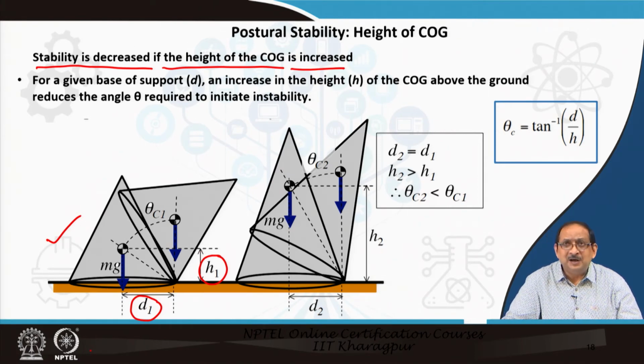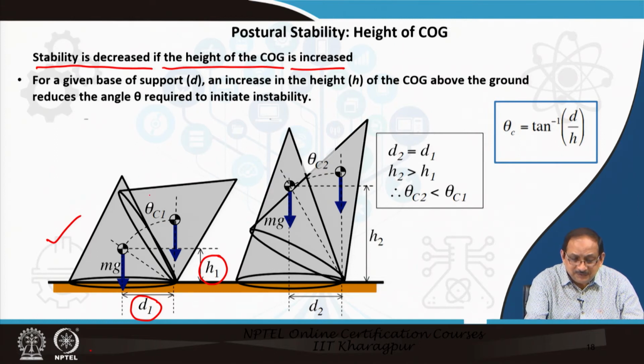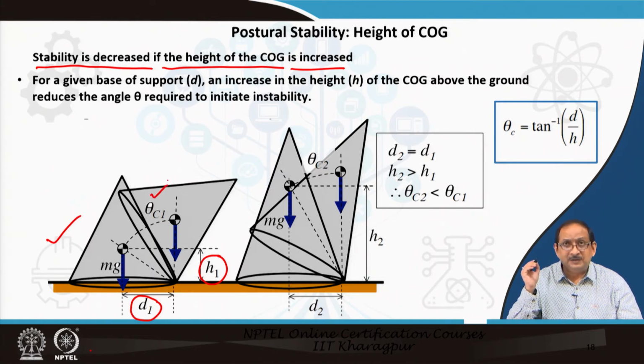Now, we had earlier calculated the critical angle to initiate instability as theta C1, and generally the theta C expression is given here on the right, theta C equal to tan inverse of d by h, where d is the base of the support and h is the height of the center of gravity.